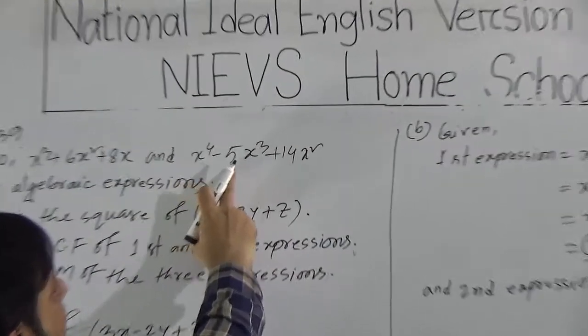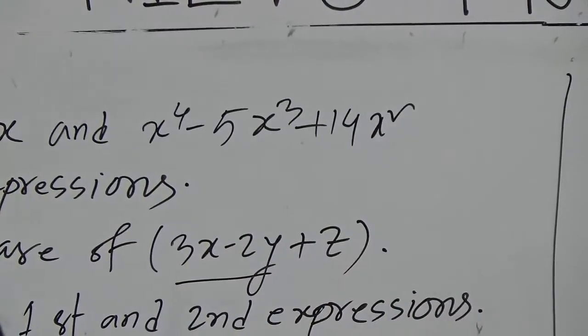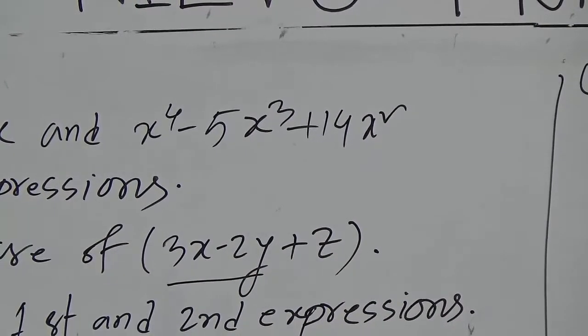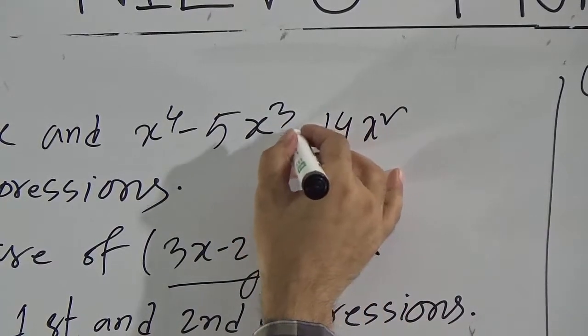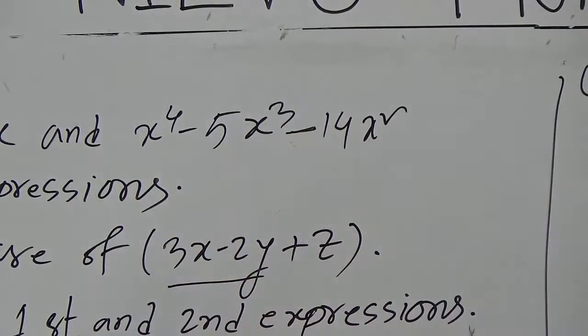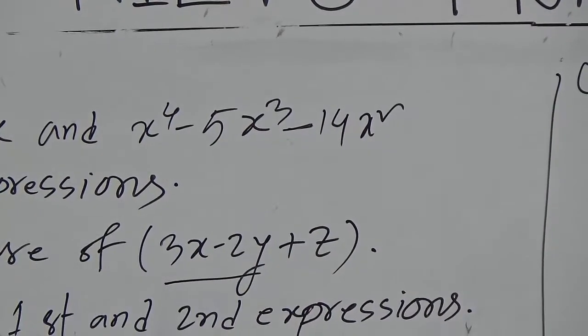What is the third expression here? x to the power 4 minus 5x cube minus 14x square.